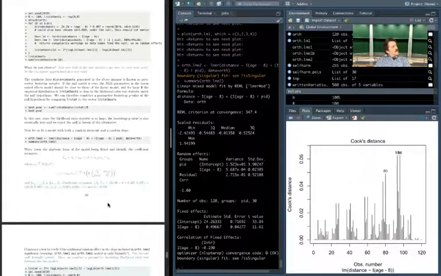Yeah, so exactly. I think what that is saying is that you shouldn't be taking a model with a random slope. I think that's what it means. Wait a sec.